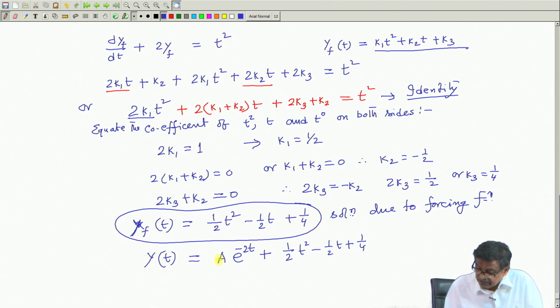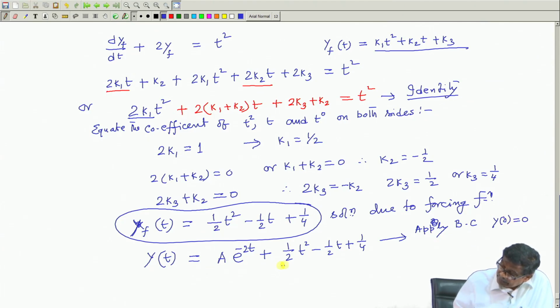To find out this constant, now apply the boundary condition. What is the boundary condition given? The boundary condition is to be applied to the total solution, mind you. So apply the boundary condition, which is given to be y(0) is equal to 0.